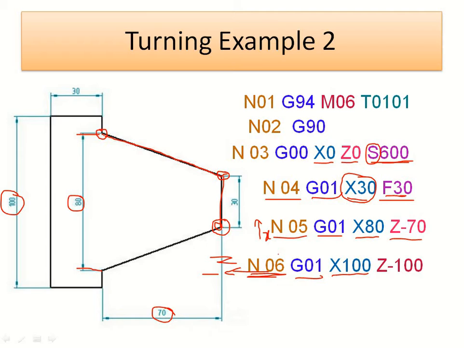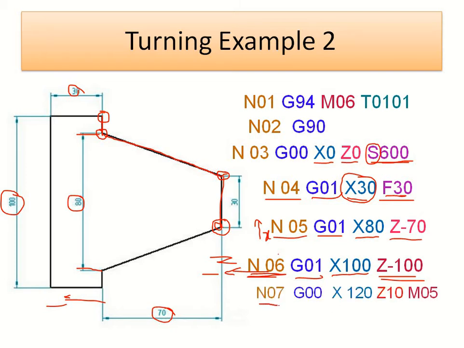The diameter of the job is 100, so it will travel to this position 100, and Z also minus 100, which means 30 plus 70, towards the left hand side, so we take the negative sign, so Z is minus 100.